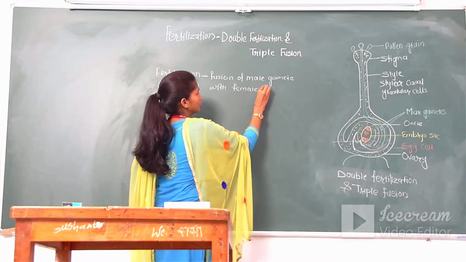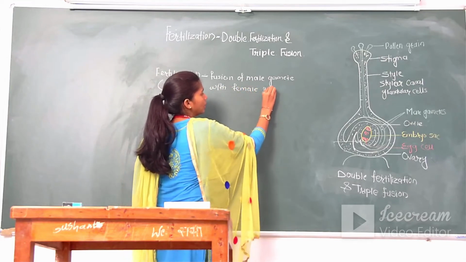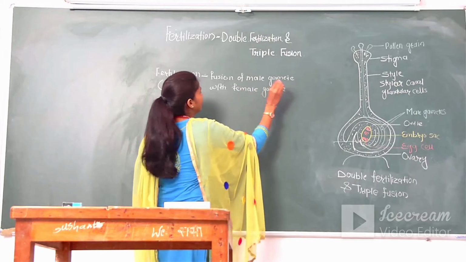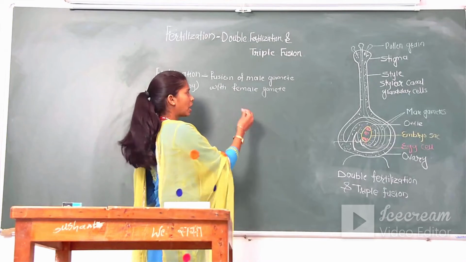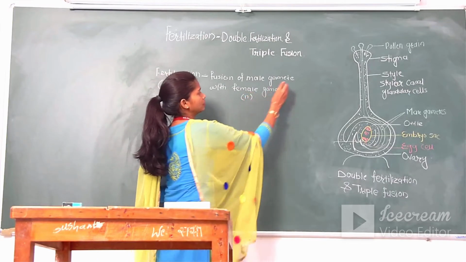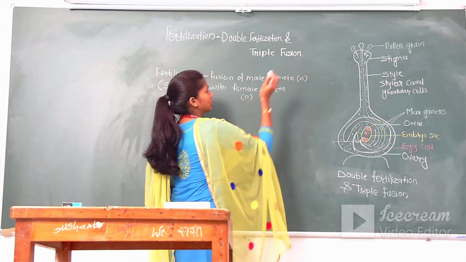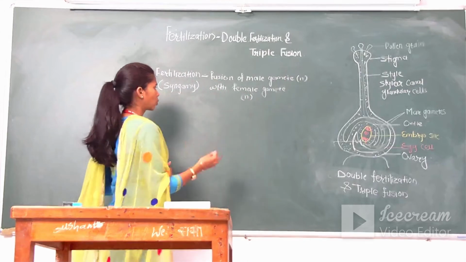Fertilization is the process of fusion of male gamete and female gamete. And this male gamete and female gamete are haploid in nature. That means each contains a single set of chromosomes.